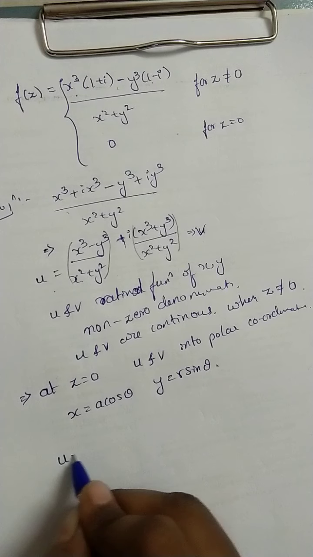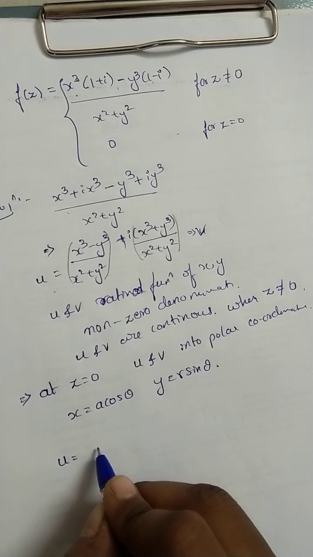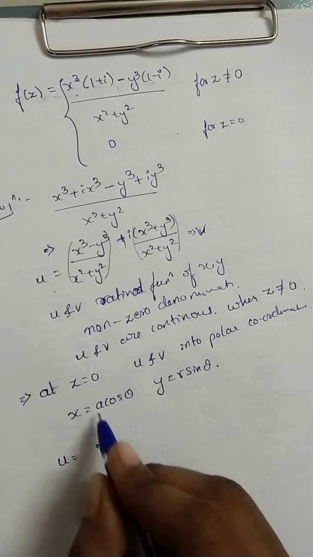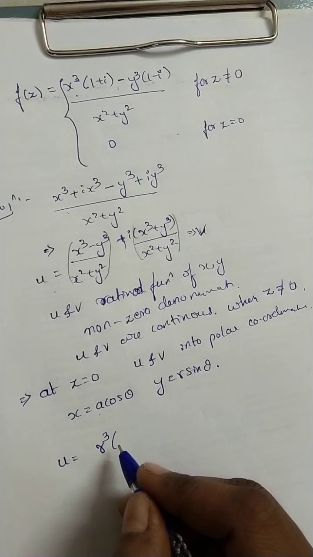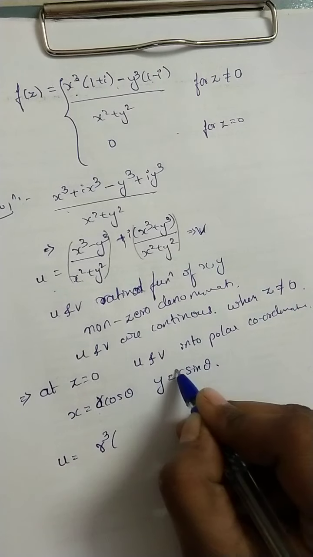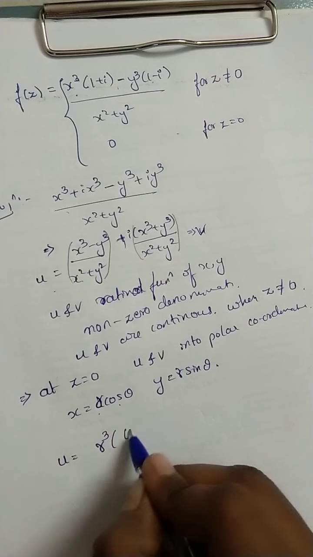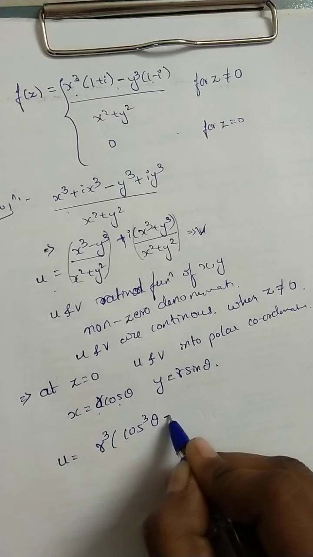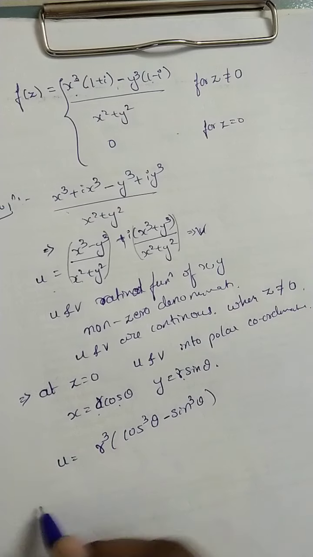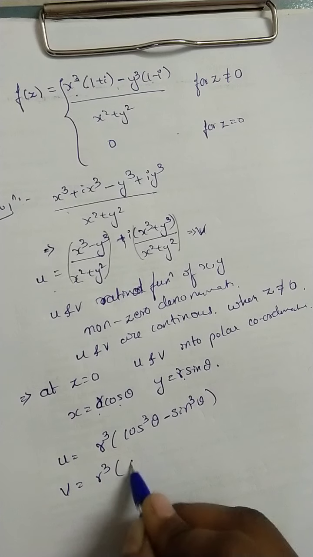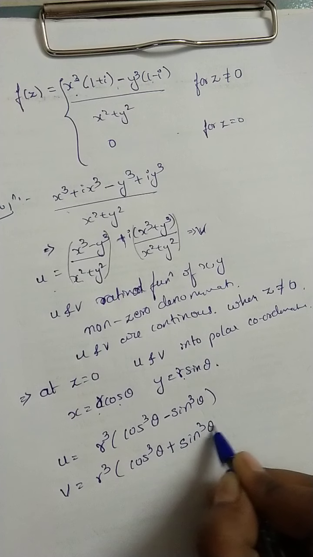Now u is equal to x cube minus y cube, so we write it as r cube into cos cube theta minus sin cube theta. In the same way, v is equal to r cube into cos cube theta plus sin cube theta.